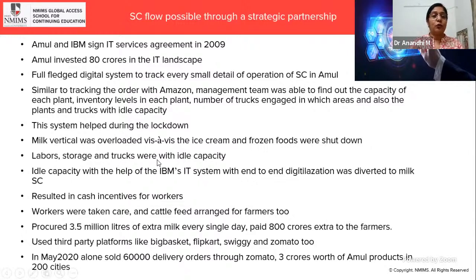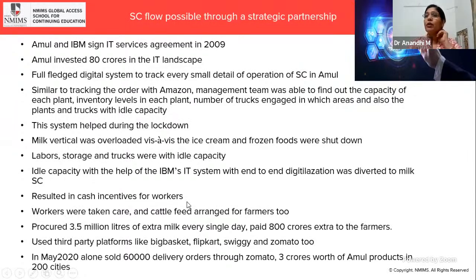Okay, and labor, storage, trucks with idle capacity. That system was able to identify which storage unit, which truck is with idle capacity. So they were able to deploy that vehicle and that labor appropriately in the required space, right? And yeah, end-to-end digitalization they did, and it resulted in cash incentives.